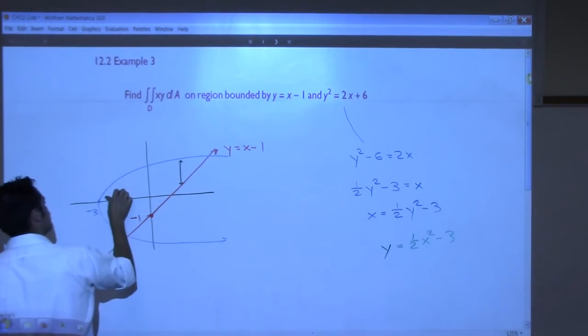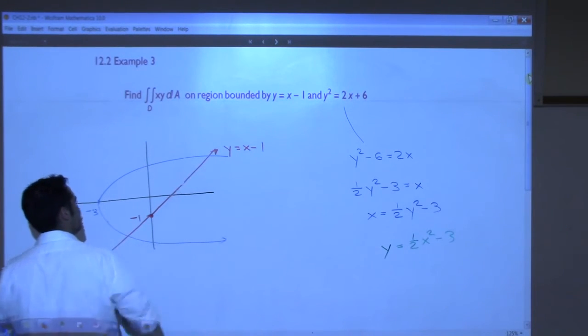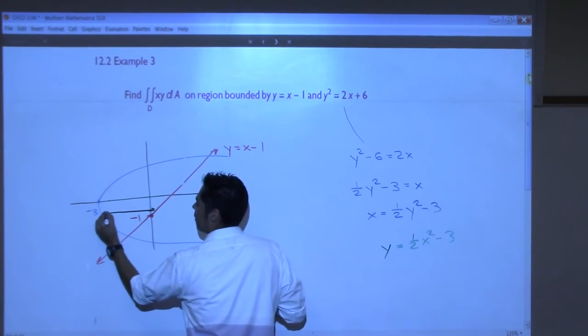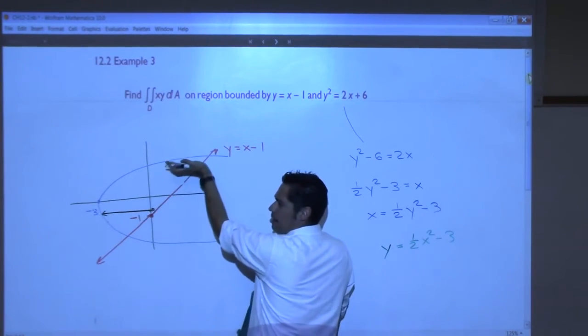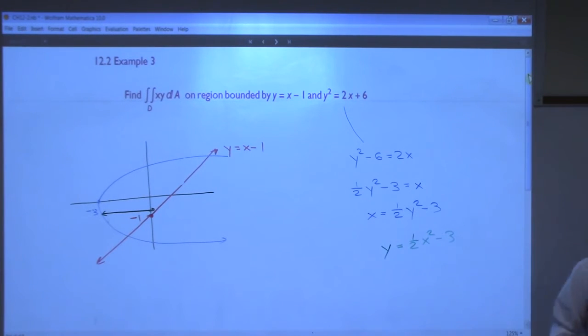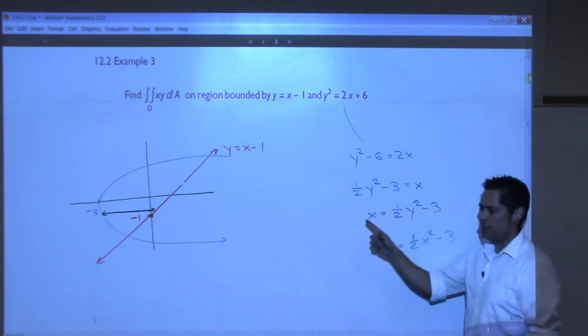But if we do type 2, we draw these little arrows sideways, horizontally, then move that up and down through here. No matter how you do it, the blue one will always be the left bound. The right one, the red one, will always be the right bound, won't it? No matter what. So better suited for type 2.